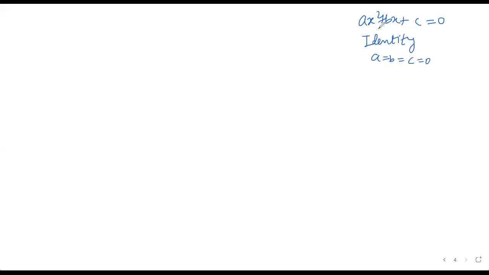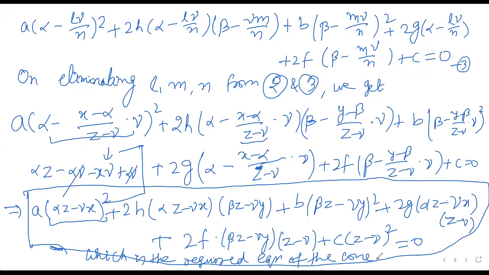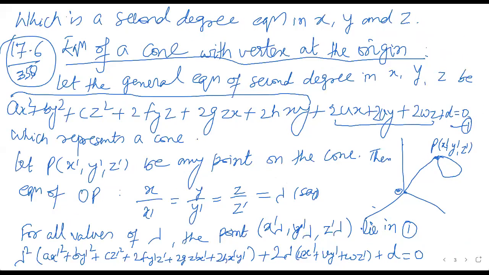If it is the case, it is called identity because it will become 0 is equal to 0, and in that case it will have infinite roots. Why? Because whatever value of x you put, it will always satisfy. So here also I can put so many values.